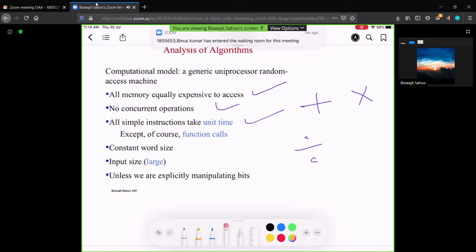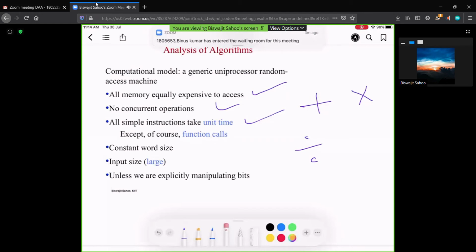And we'll also assume the machine uses a constant word size. Word size means all words may be 32-bit, and operations are on 32 bits. It's not that some words are 8 bits, some 16 bits. All operations will be on 32-bit words.